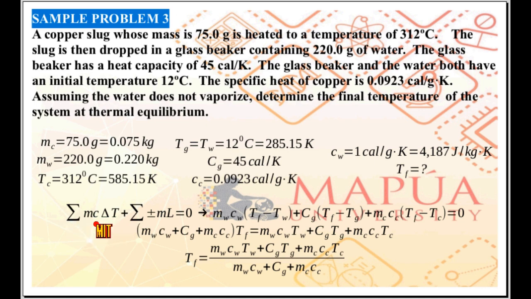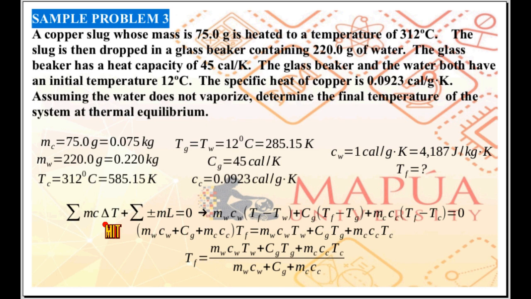So, for water, we have Mw, Cw, delta T, final temperature Tf minus initial temperature of water. Now, the glass beaker, we don't know the mass of the glass beaker, but what is provided is the heat capacity of the glass beaker.